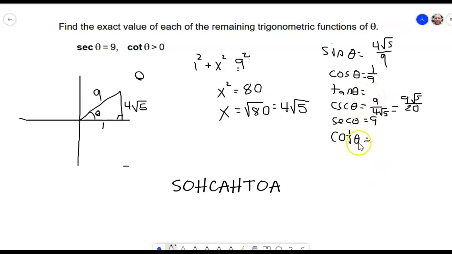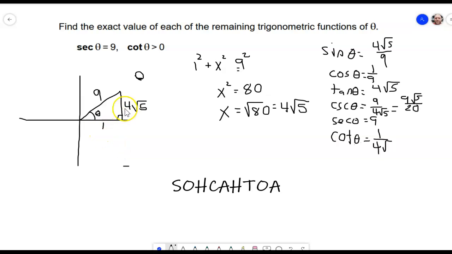And then last would be tangent and cotangent. Tangent is opposite over adjacent, so that would be 4 root 5 over 1, or just 4 times the square root of 5. And then cotangent would be 1 over 4 times the square root of 5.